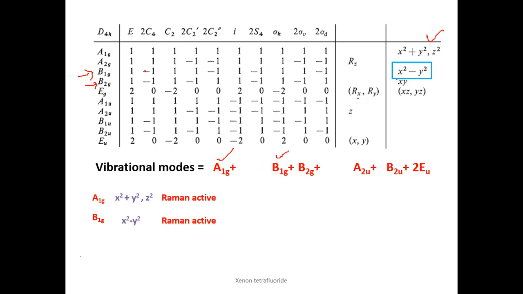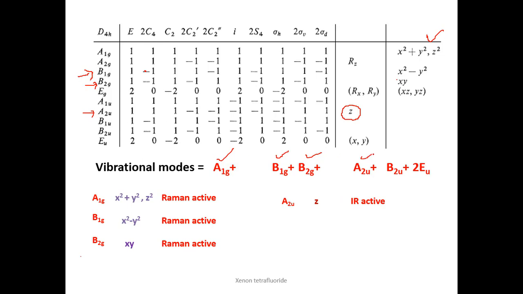We find xy, which is a quadratic term once again, and so it is also Raman active. Next is A2U, and against A2U you find that term z. Z is a Cartesian term, and so IR active.